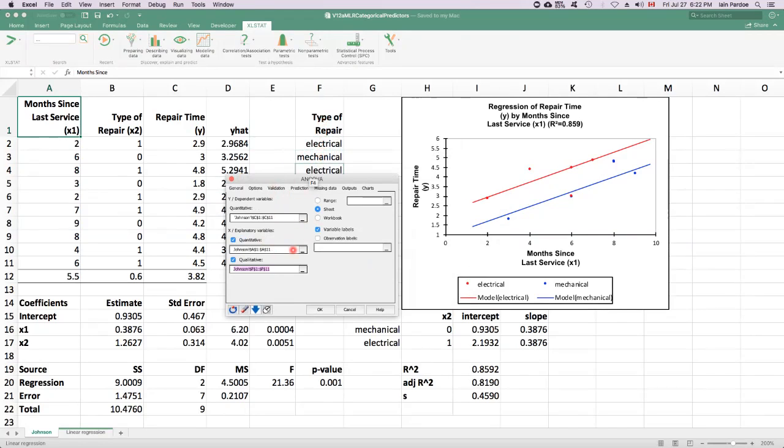Well, the computer does something clever here. It recognizes that this is a qualitative predictor, and it creates an indicator variable that's used internally by the software algorithm to estimate the model. So it doesn't require us to create the indicator variable. It does it internally without us having to worry about it.